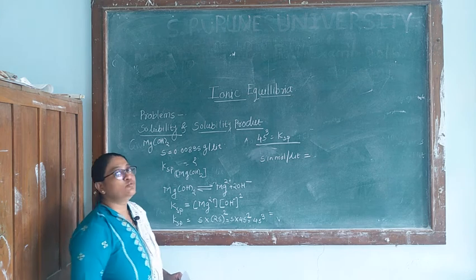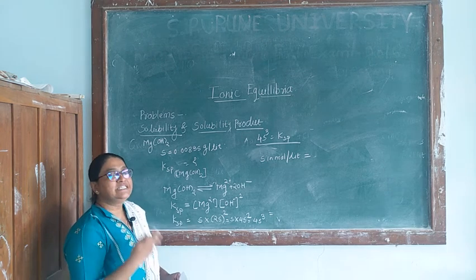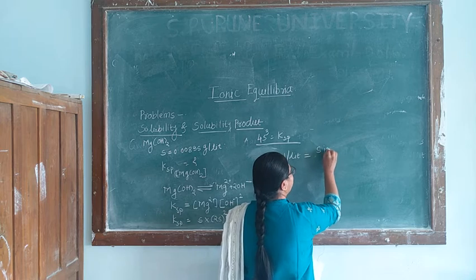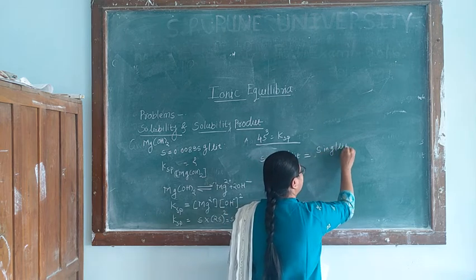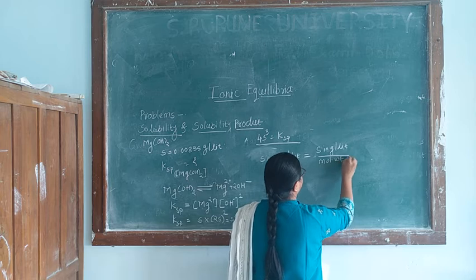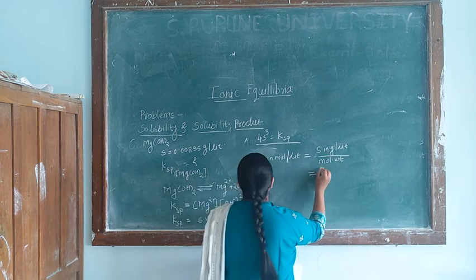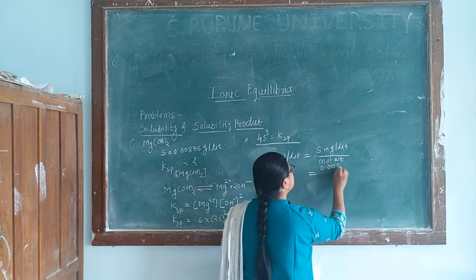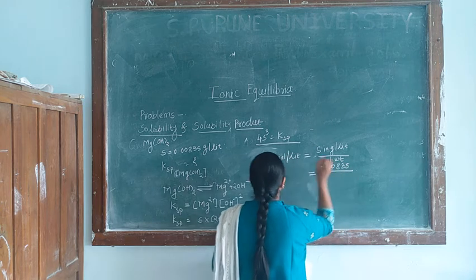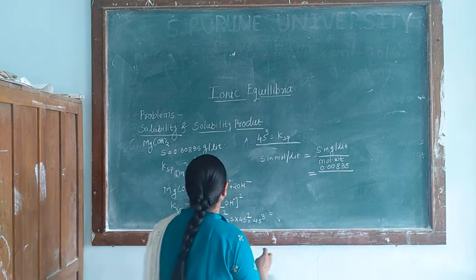To convert it into moles per liter, just divide it by molecular weight: S in grams per liter divided by the molecular weight. The solubility in grams per liter is 0.00835 grams per liter. The molecular weight of magnesium hydroxide.